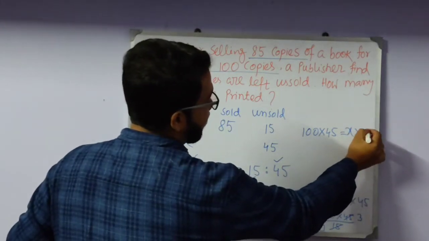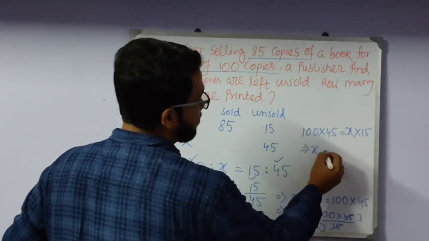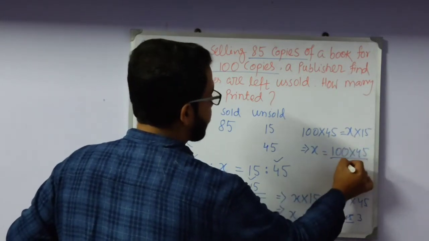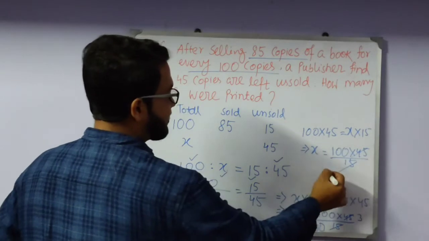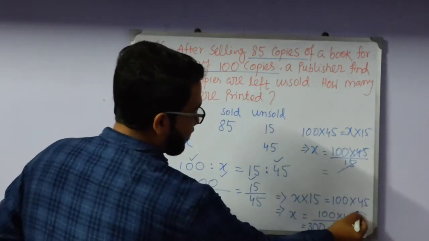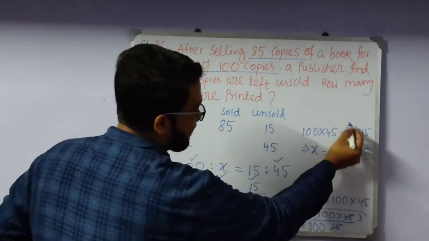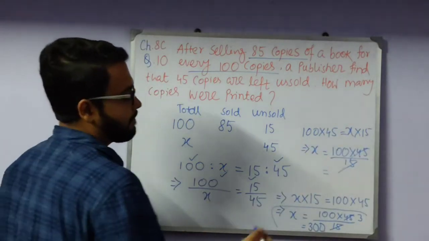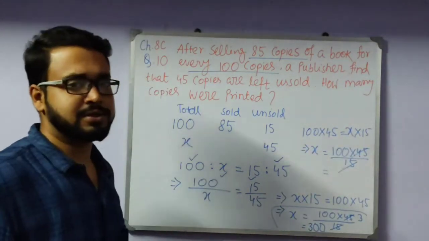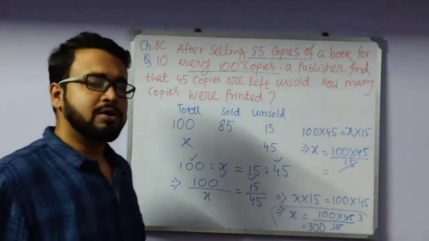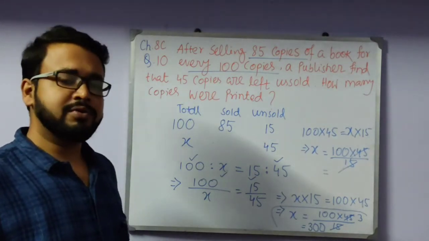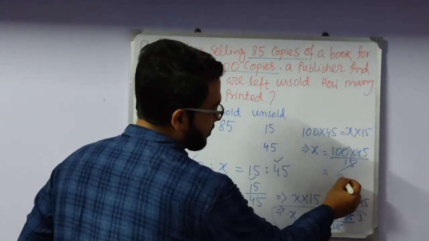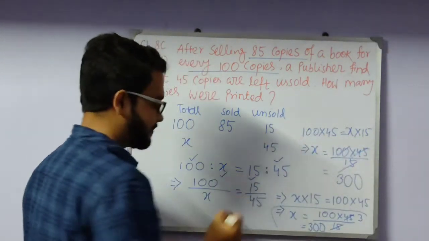So from here also we find X is equal to 100 into 45 upon 15. By cancelling this we got this number. The formula is applied here. So there are many processes, whichever you enjoy to solve, you can apply this. So from here also we find the value is 300.